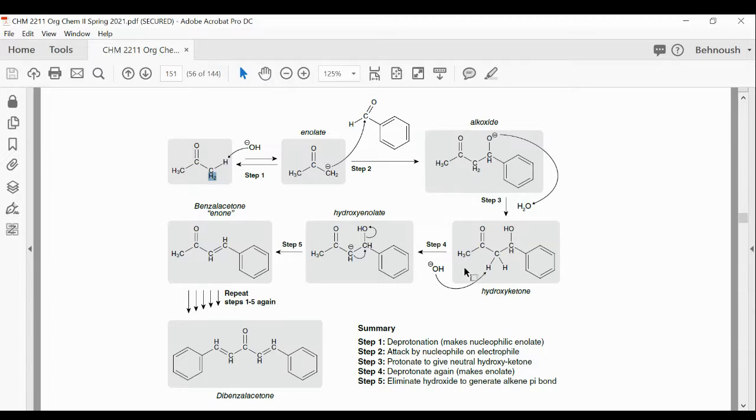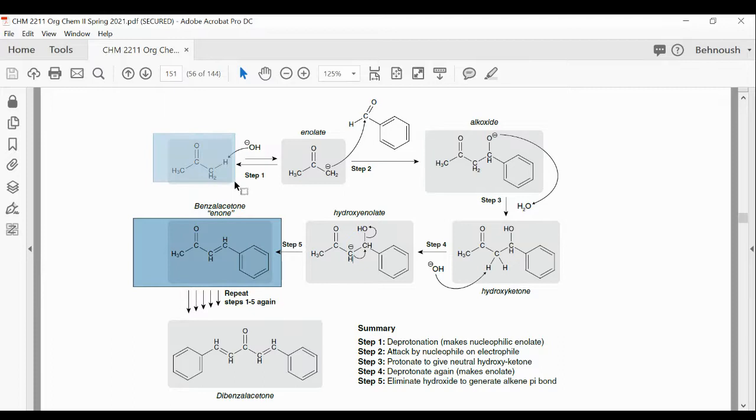In basic solution it is not stable. The hydrogen from the alpha position is going to be removed by the base, and the OH would leave as H2O. Then you get an alpha beta unsaturated ketone. This compound here is benzylacetone.